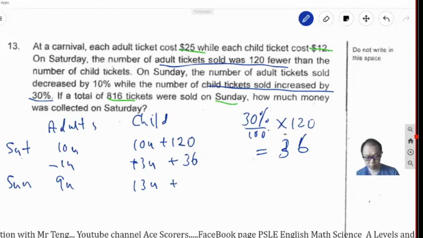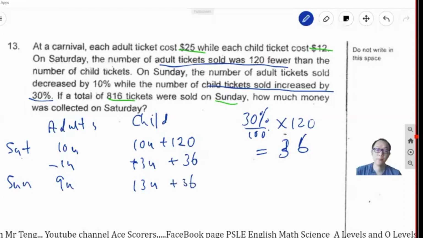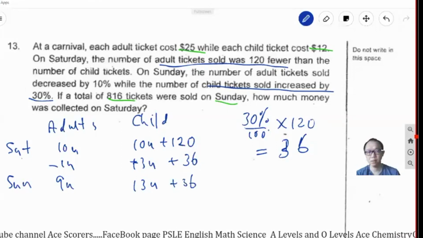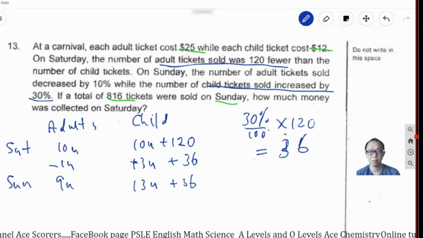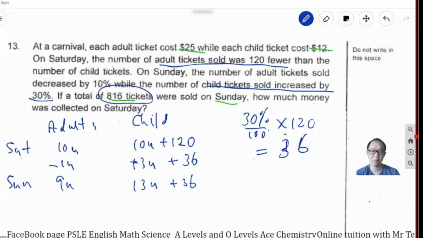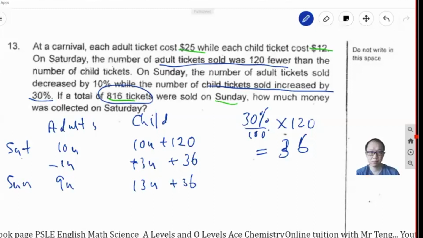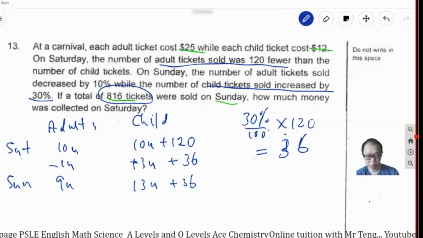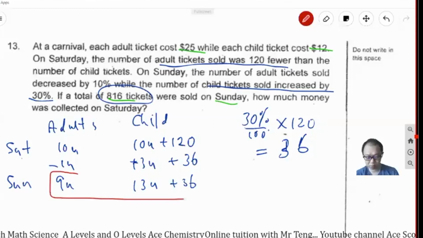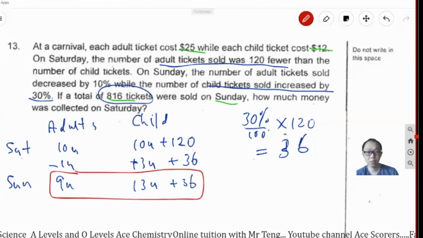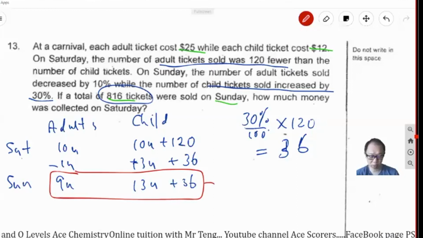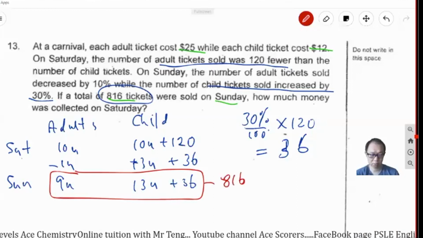Got it? So 9 units is adults and 13 units plus 36 is child. So now we can look at this number, 816 tickets, on Sunday. If I focus on just the red color part, the red color part is equivalent to 816 tickets.